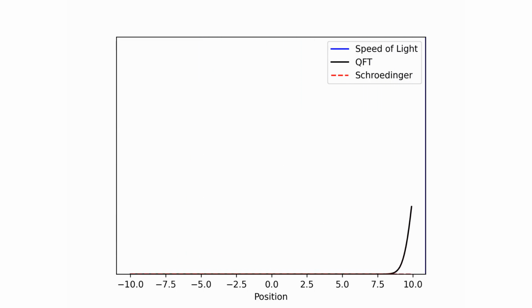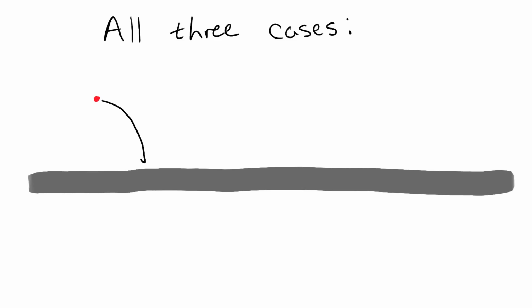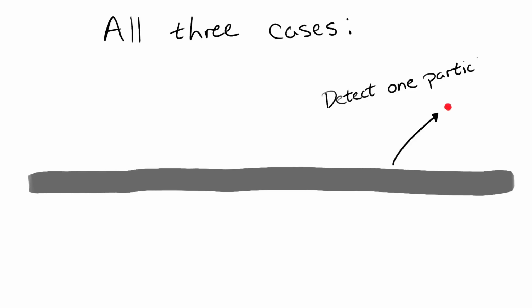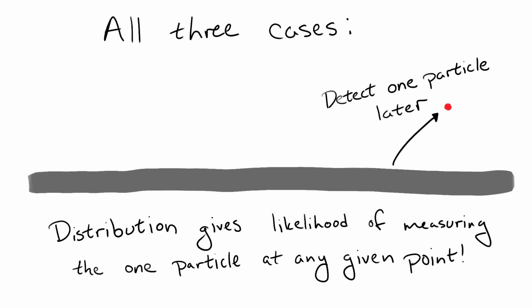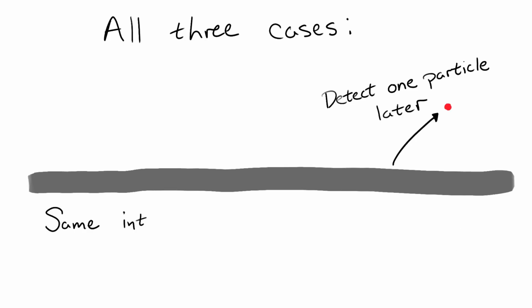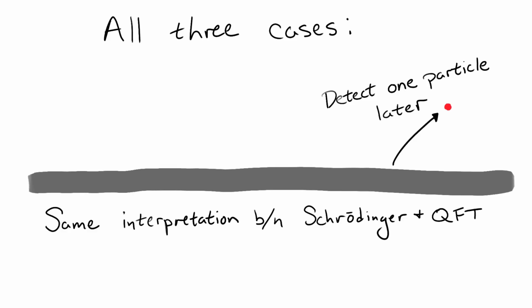Remember that in each of these cases we just considered, we put a single particle in and measured a single particle sometime later, and the distribution shown is describing the probability of measuring the particle at any one location. This interpretation is the same regardless of whether we're looking at the QFT or the non-relativistic Schrödinger equation.